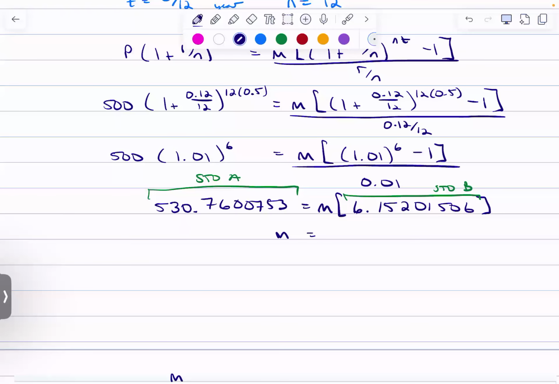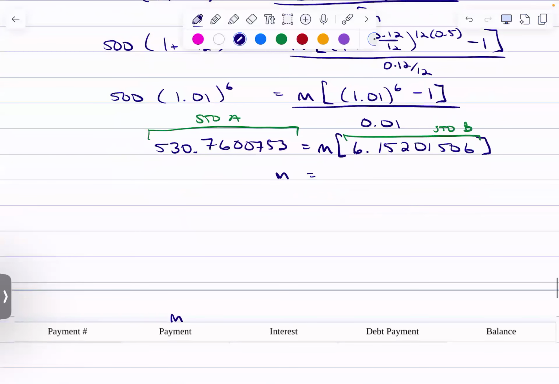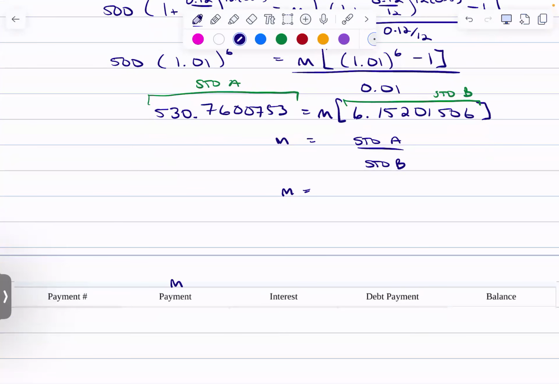M then is going to be what's stored in A divided by what's stored in B. I did something weird. Recall A divided by recall B. That explains why it was so quiet over there.